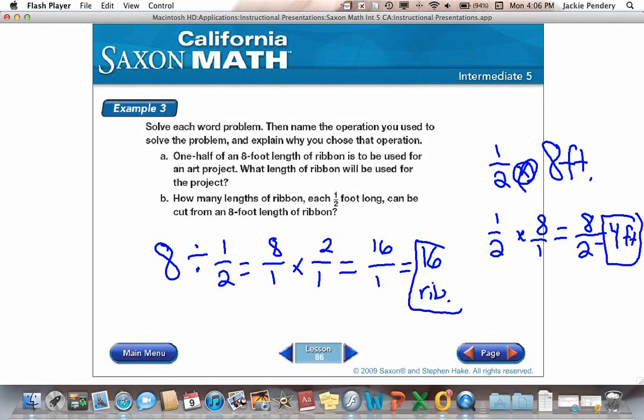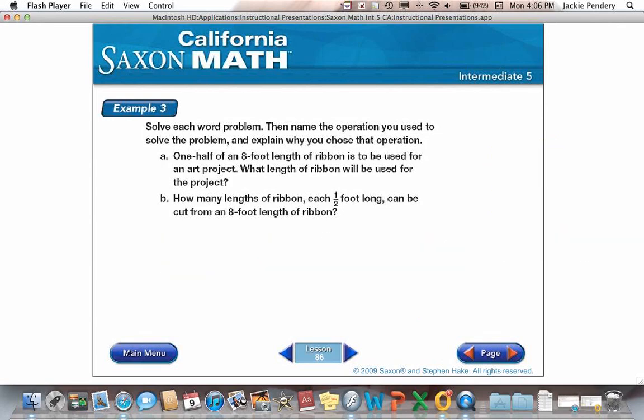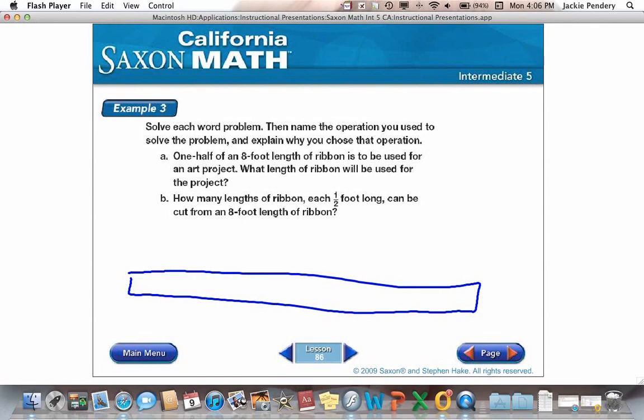Okay? If I was to take a ruler and draw this out, so here's my ribbon. It's 8 feet long. And I was going to split it into 6-inch sections. Okay, well, here are my 8 feet.